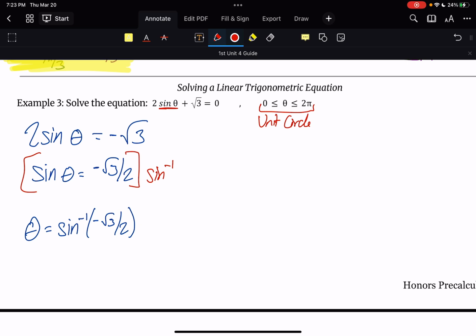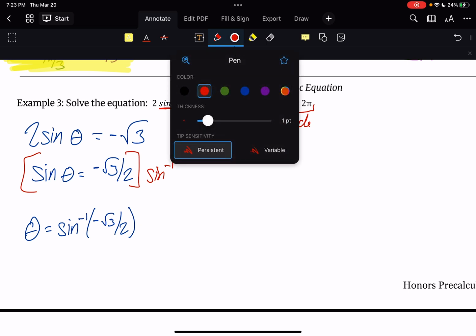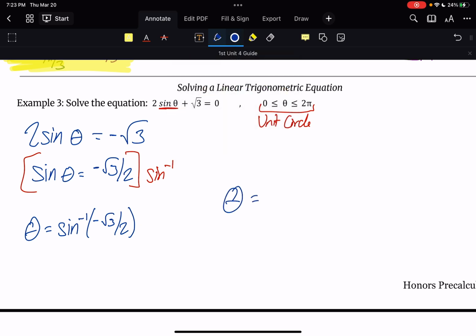So now I'm asking, where do I get a sine of negative radical 3 over 2? And that is going to be at 4 pi over 3 and at 5 pi over 3. So those are going to be the two solutions for that equation.